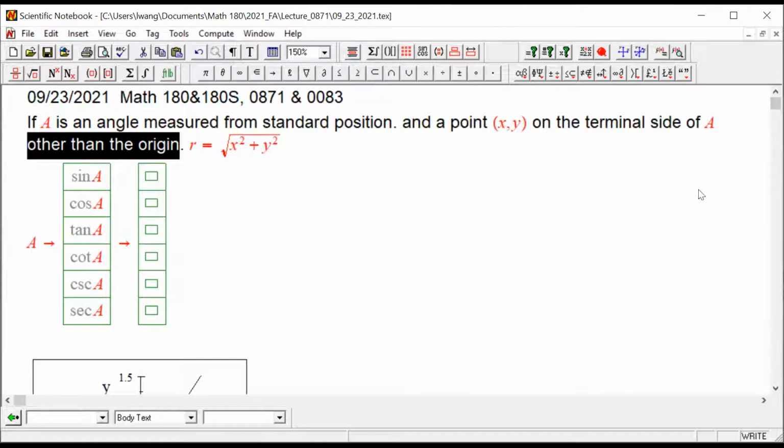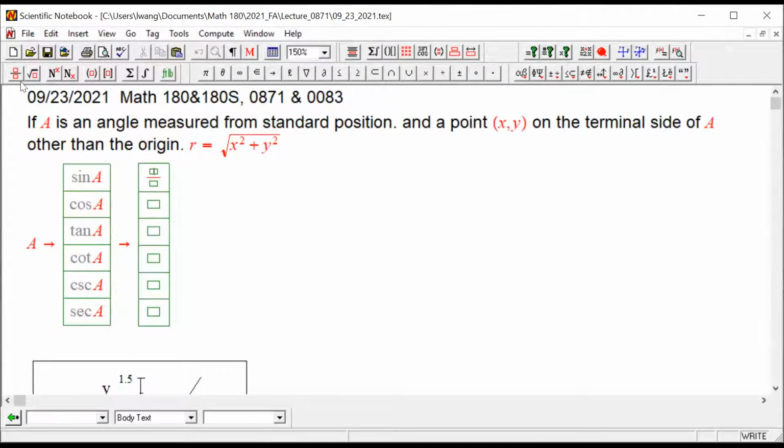So now with that stage set, let's review the definition of sine. What is that ratio? It's y over r, right? How about cosine? X over r. They're all ratios. So inputs are angles, outputs are ratios. Tangent is y over x.